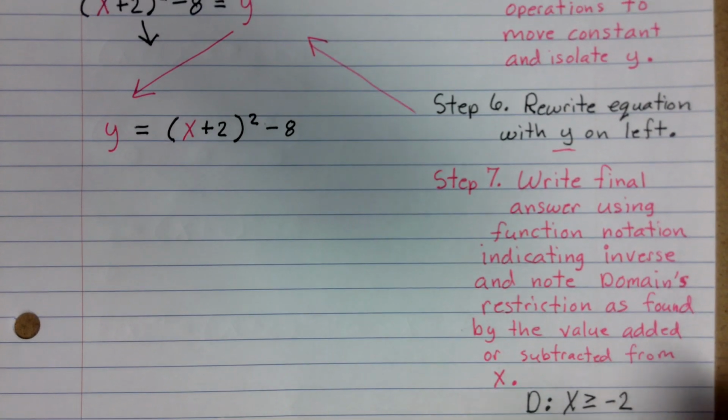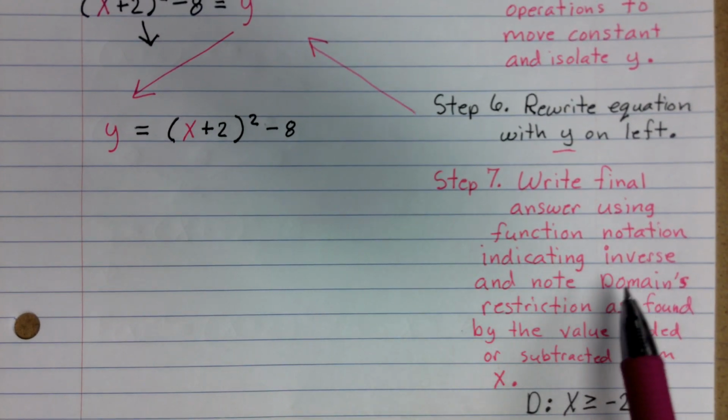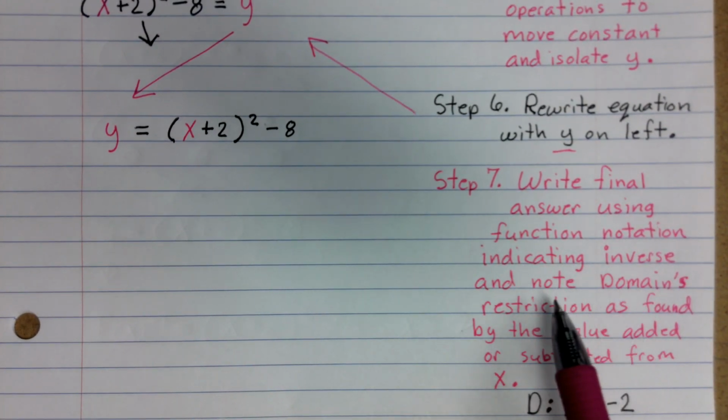Now our final step here, because we're almost done, is to write the final answer using function notation indicating inverse, and note the domain's restriction as found by the value added or subtracted from x. So we're going to rewrite this real quick.